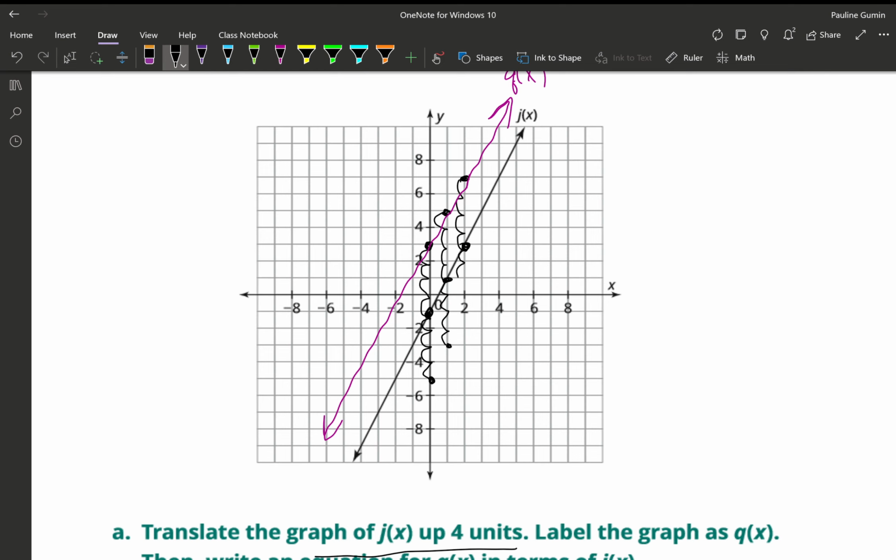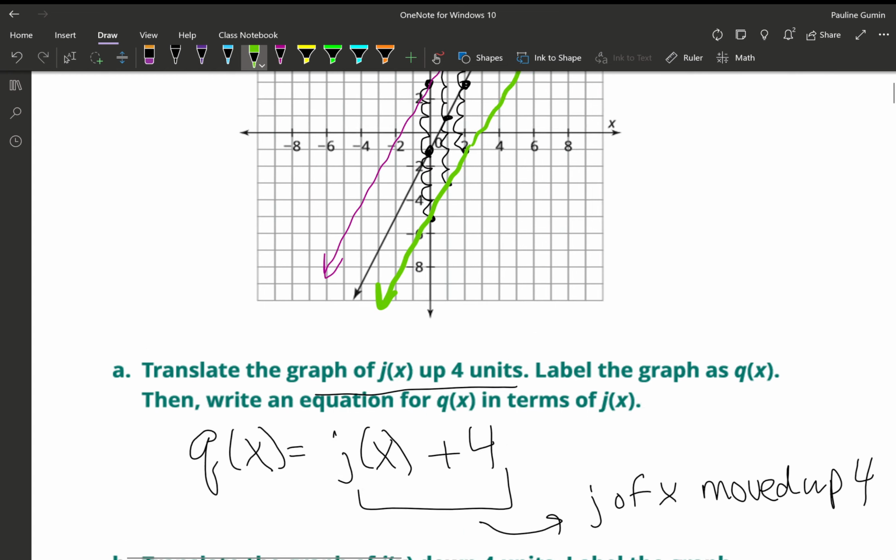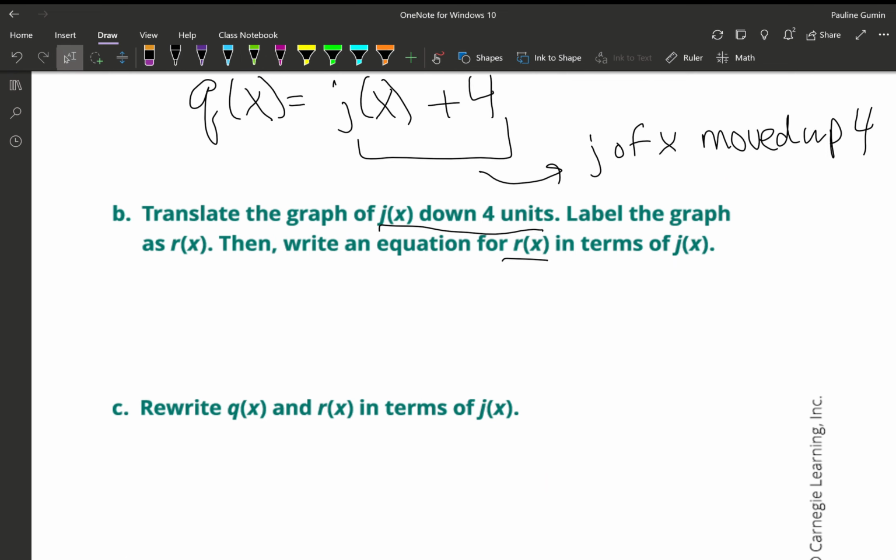A 1, a 2, a 3, a 4. And let's use a different color this time. Let's use green. Didn't know it was that thick. And it's called r of x. Beautiful. All right. r of x in terms of j of x. Well, r of x is just j of x down 4.